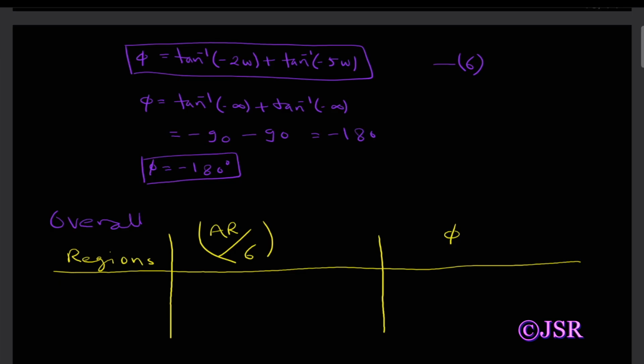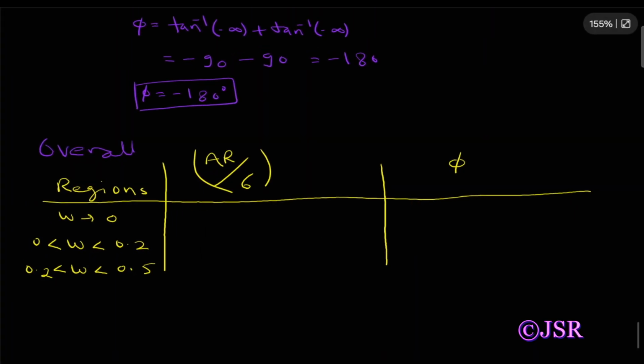So the 4 regions are when omega tends to 0, the second is when omega lies between 0 to 0.2, when omega lies between 0.2 to 0.5, and when omega lies between 0.5 to infinity.